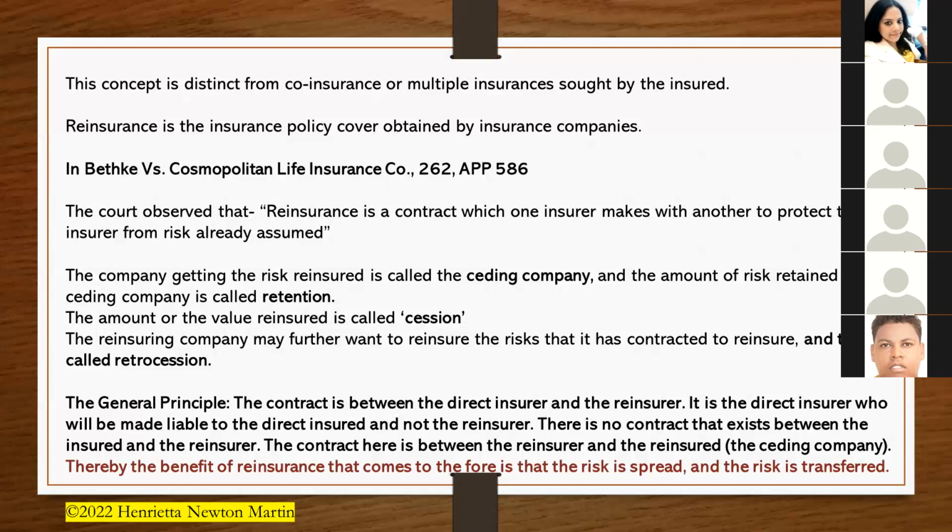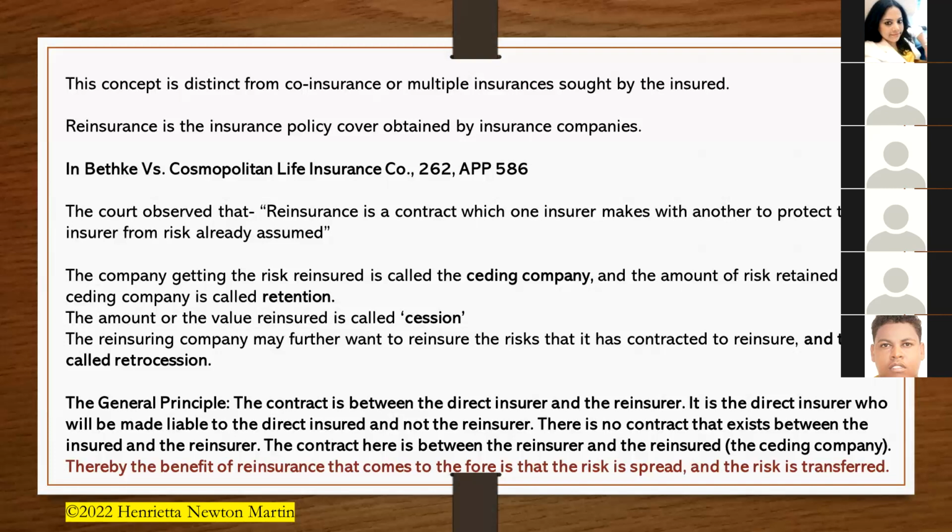Some of the risk that it retains is called retention. The amount of value it is trying to reinsure is called cession. Company B takes over some of the value. It agrees. So the company that is reinsuring is company B. The company that is reinsured is company A.